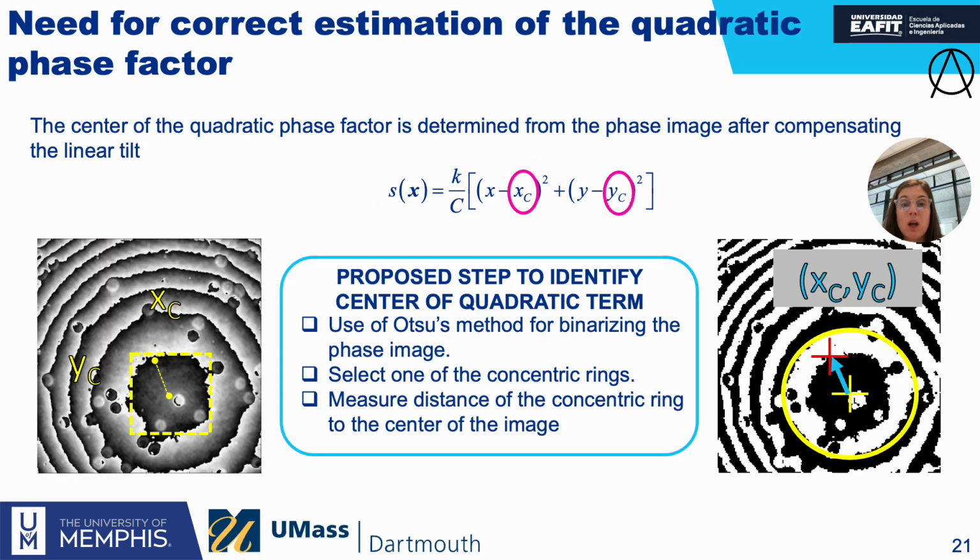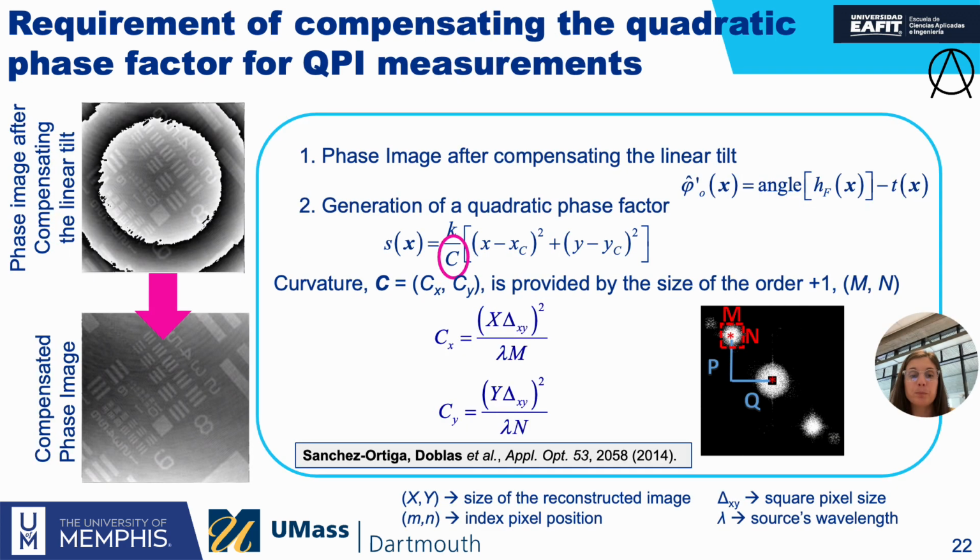The whole idea is that we use the one that is not compensated and use the Otsu method for binarizing. We create these concentric rings, get the curvature for one of the rings and measure it, and then the center.